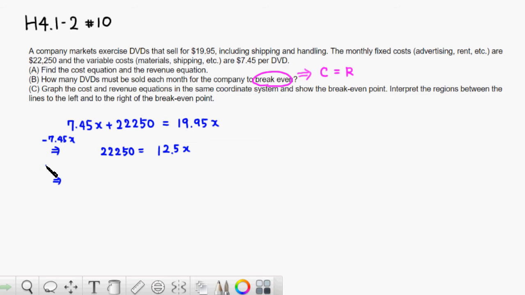Right? So we can just divide it through by 12.5. Right? So it's going to be 22,250 divided by 12.5, and this is going to be x, right? So I'm going to actually cheat a little bit. I'm going to use GeoGebra to compute it.